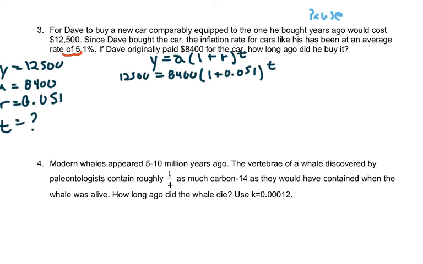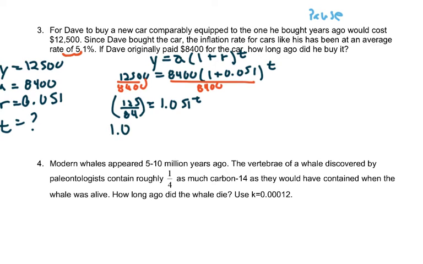And then solve. Now, one thing that happens is when I divide by 8,400 here, I'm getting an ugly decimal, so I'm going to leave it as a fraction. I'm going to leave it as 125 over 84 equals 1.051 to the t. So then I'll switch each side.